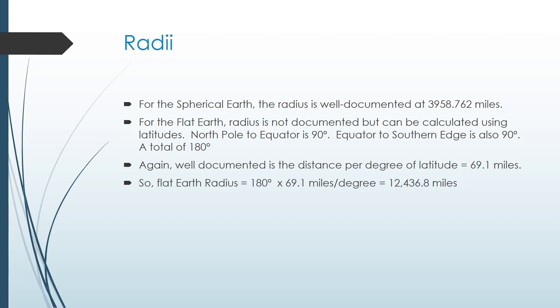The equator to the southern edge is also 90 degrees, for a total of 180 degrees. If we assume that the distance per degree of latitude is 69.1 miles, again, you can look that up anywhere, we can calculate the flat Earth radius to be 180 degrees times 69.1 miles per degree, which gives us 12,436.8 miles.